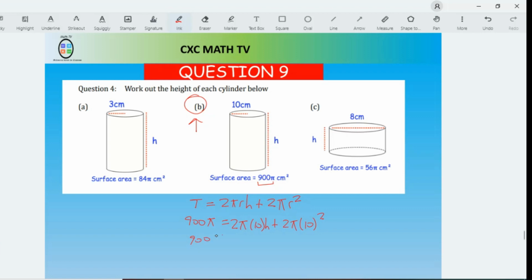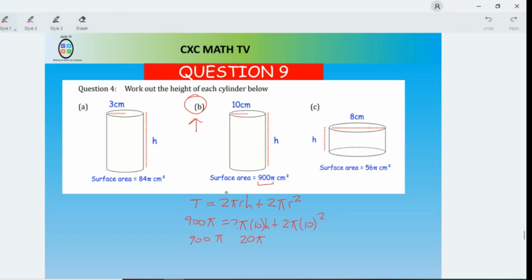Notice this is 900 pi, and 2 times 10 is 20 pi. Well, not plus here, equal. Sorry about that. That's equal to 20 pi h plus 10 squared is 100. 100 times 2 is 200 pi.